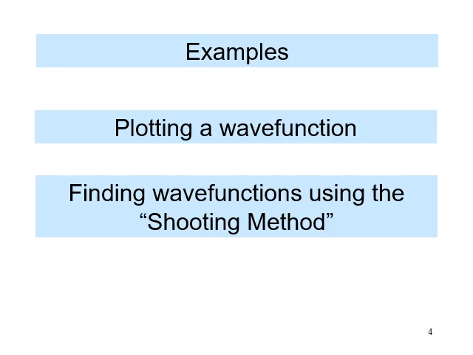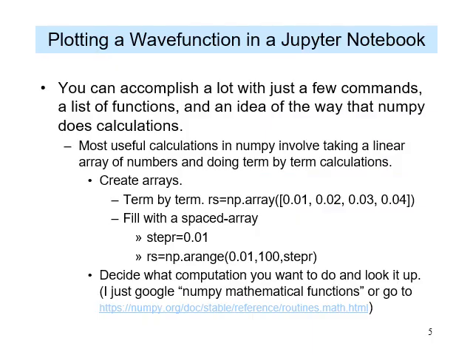My goal is to give you tools that you can use for understanding quantum physics. So plotting a wave function or a function in Jupyter Notebook involves two steps. One is defining the thing that you want to actually plot. And in order to do that, you have to create an array. I'm going to focus on one-dimensional arrays, or vectors.